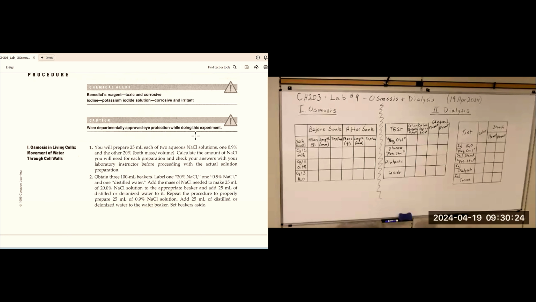One's just water. Mark it on the side. So you can see it. The 20%, the ones that 25%. Yes.